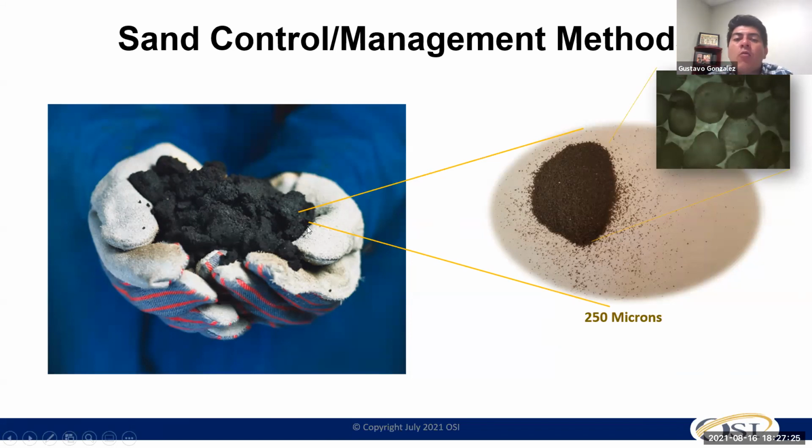In reality, what we're going to see in any well is more this. It is sand that has been compacted, sand that has been agglutinated due to the viscosity of the oil and the content of water. You're going to see some agglutination or some chunks passing through your pump. So when you have any artificial lift system, the sand doesn't behave as one particle at a time anymore.